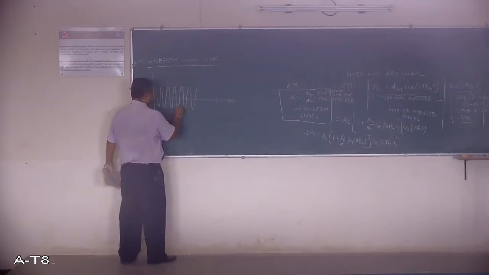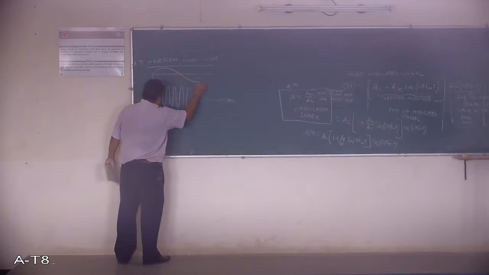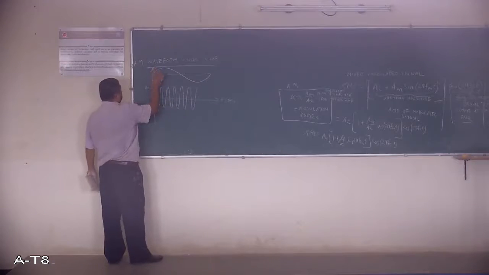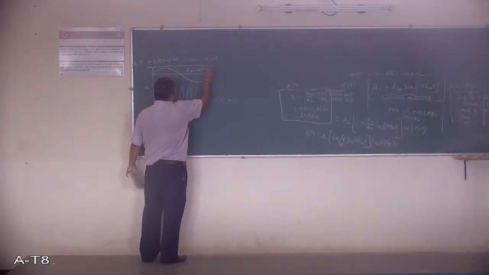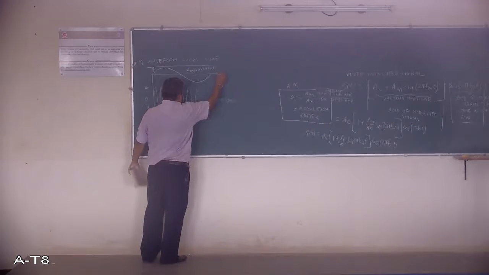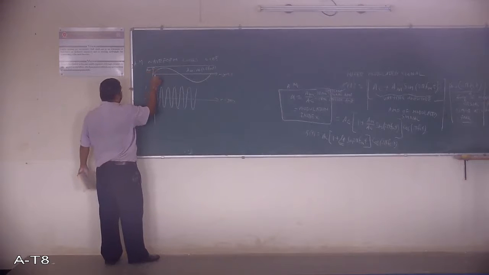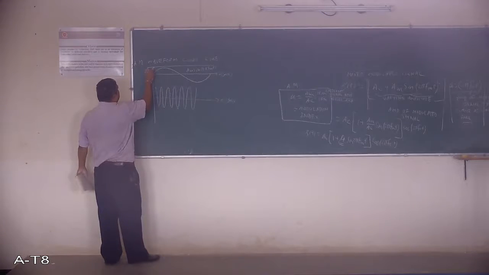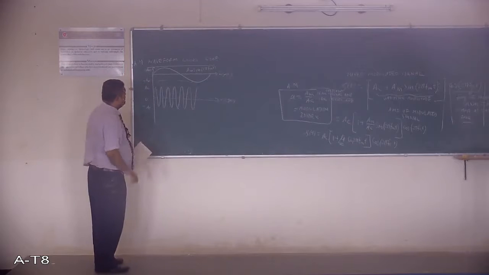Above, there is a modulating signal. I can say this is AM sine 2 pi FMT. This is low frequency, like this. This thing is AM, and this thing is minus AM, like this.